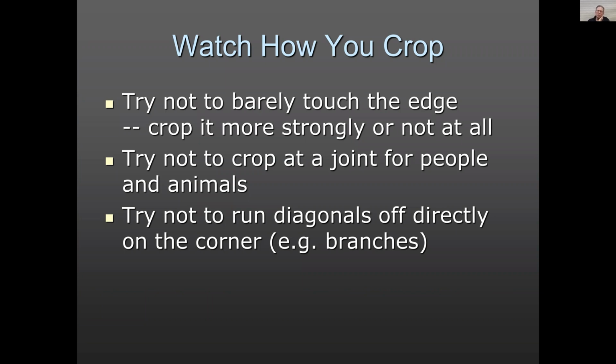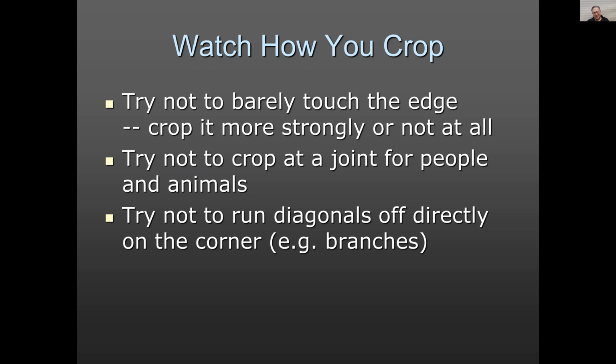One, try not to just barely touch the edge with something. Crop it more strongly or not at all. And try not to crop at a joint if you can, for people and animals. It's just frowned upon. Portrait photographers tend to really nail you if you chop it at a joint.